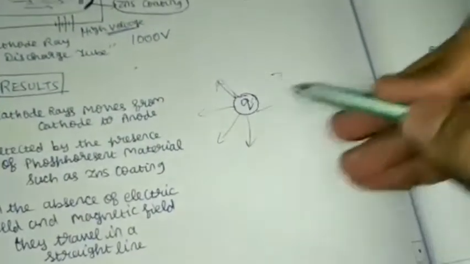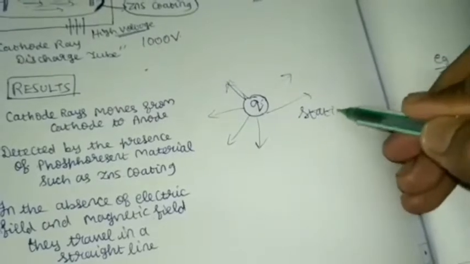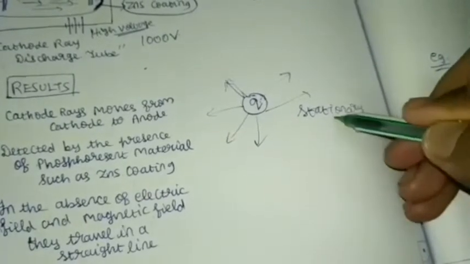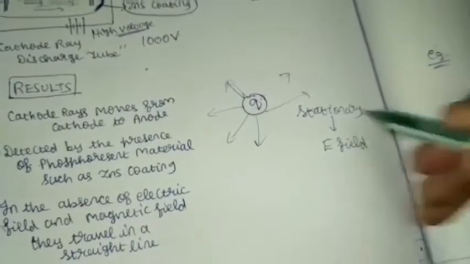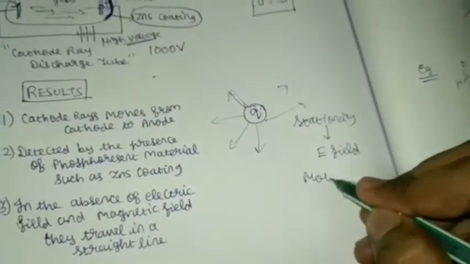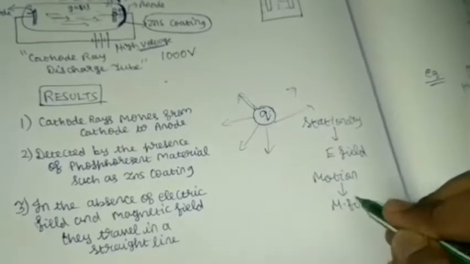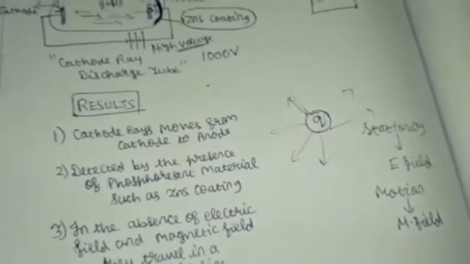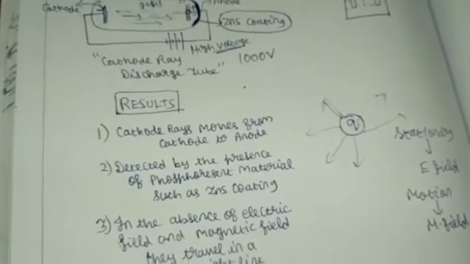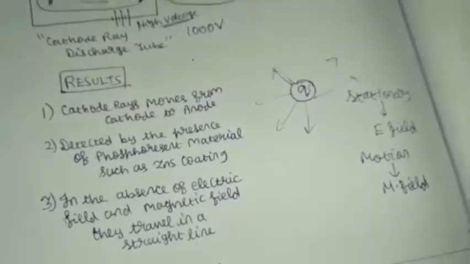And similarly, when stationary, electric field, and in motion, magnetic field. When the charge moves, charge moving means what? Basically, if a charge moves, particularly if an electron moves, current flows, right?